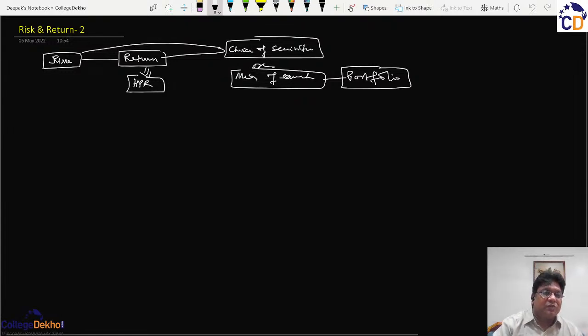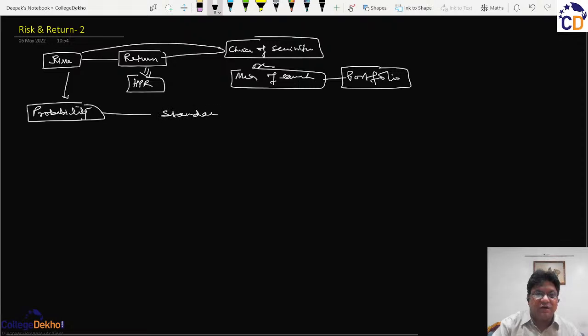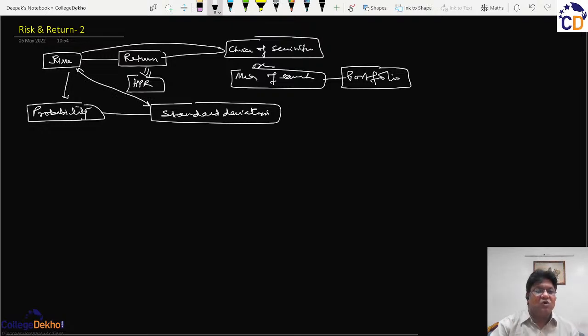Today we will try to measure the risk in the frame of probability, and based on that we will move on to calculate the figure of standard deviation, which normally is a measure of the risk of a security.